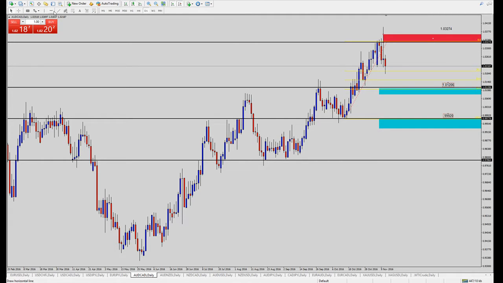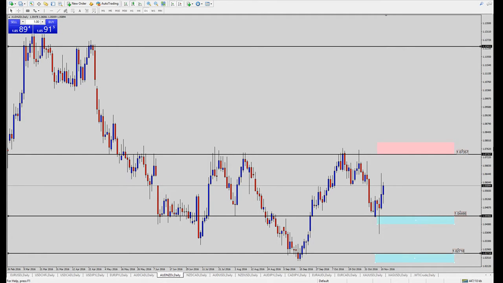And what I'm just looking for in this pullback is a continuation downwards to this support level, and to see a continuation upwards to the 1.03274 zone. If it does break that support and have a deeper pullback, what I'm really looking for is a pullback to the 0.99920 zone, and a push upwards to continue up in that uptrend.